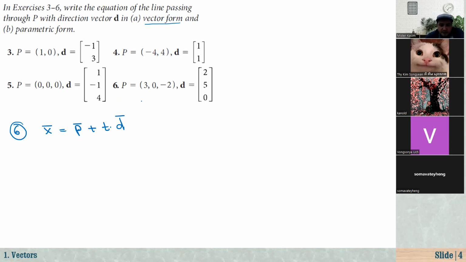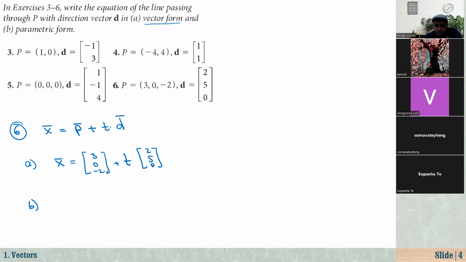Since in question 6, p is given and d is given, part A, the vector form, is x equals p, which is 3, 0, -2, plus t times d, the direction vector, which is 2, 5, 0. Okay, so how about the parametric form?